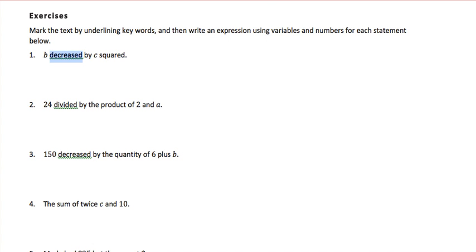So B decreased by C squared. 2 operations. Decrease meaning subtract, squared meaning exponents. So we're going to do B minus C squared.